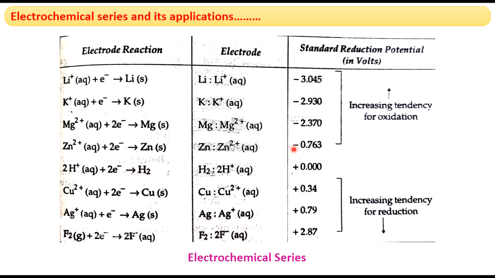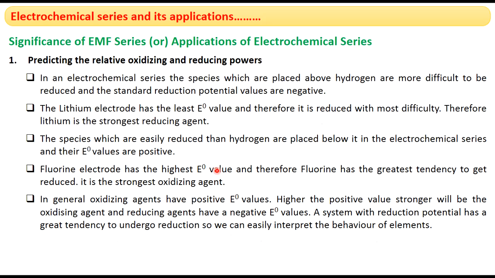Similarly, the electrodes or elements which are below hydrogen can be easily reduced. The fluorine electrode has the highest E0 value, standard reduction potential value, and therefore fluorine has the greatest tendency to get reduced. So it acts as a strong oxidizing agent.